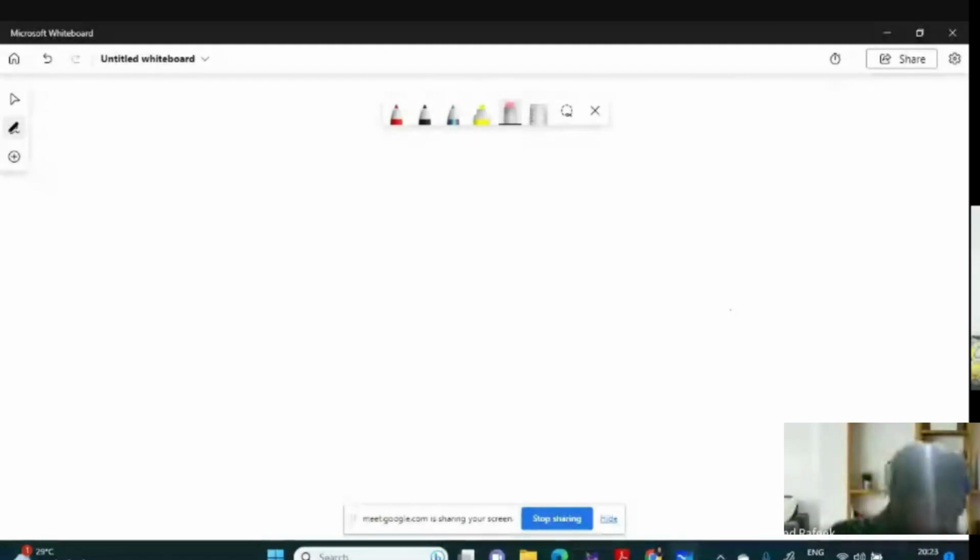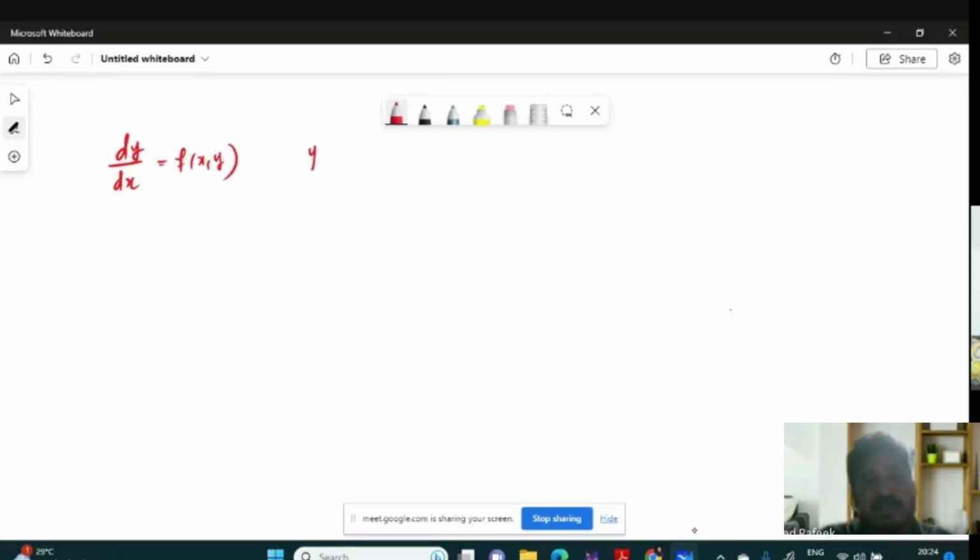Don't worry. A Runge-Kutta method for solving dy by dx is equal to f of x comma y, y of x not equal to y, is given by y of x plus h equal to y of x plus W1 F1 plus W2 F2.